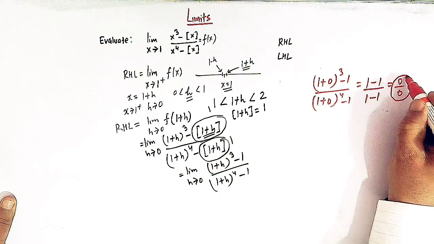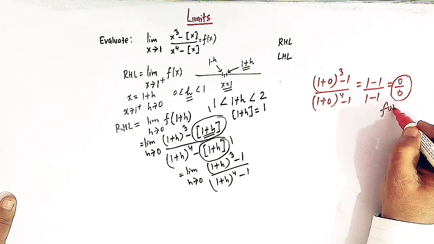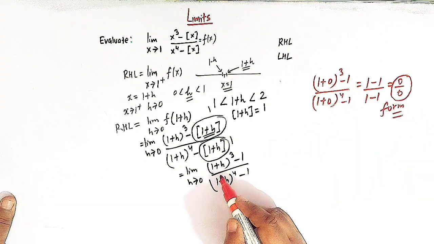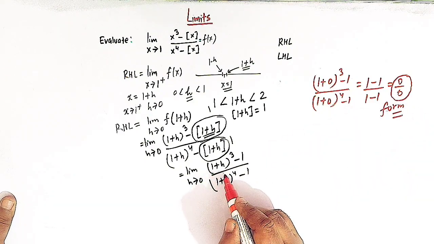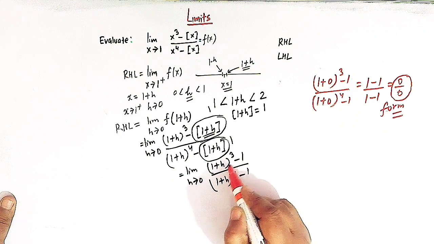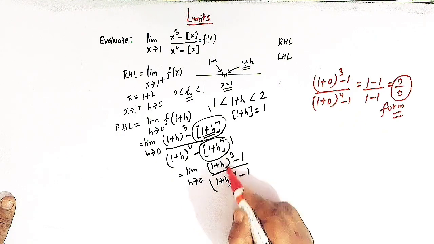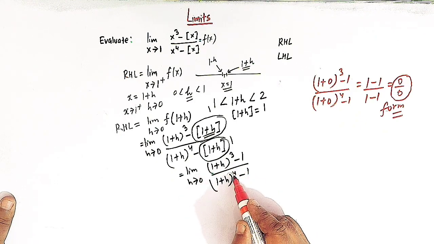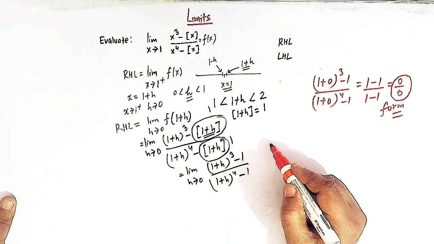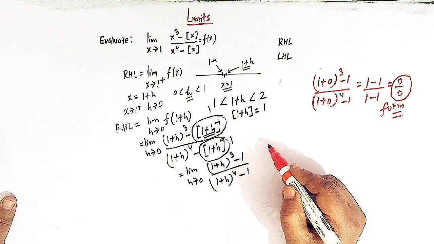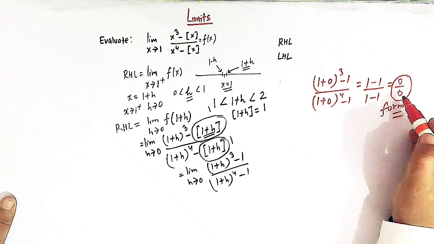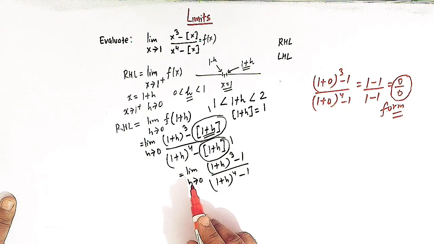So here we have 0 over 0 form, so we can easily apply L'Hopital's rule here, right? We can also expand (1 plus h) raised to 3 and (1 plus h) raised to 4 simply using the binomial theorem, right? But here we'll prefer to use L'Hopital's rule.